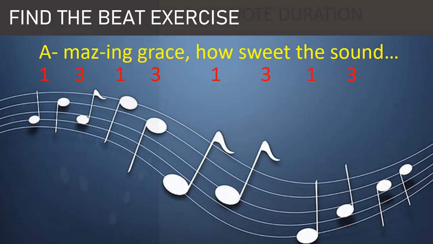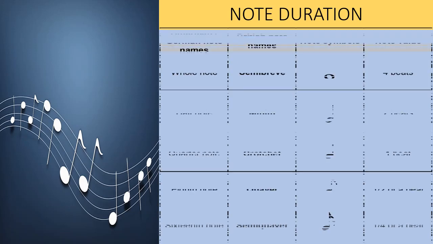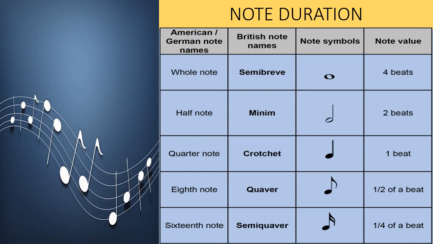Now let's look at the duration, which is the length of sound. We want to look into them one after the other. Now, of course, we know the musical notes: we have the semibreve, which is the whole note, the minim, the crotchet, the quaver, and the semiquaver.